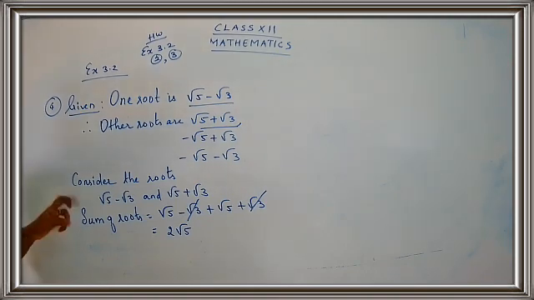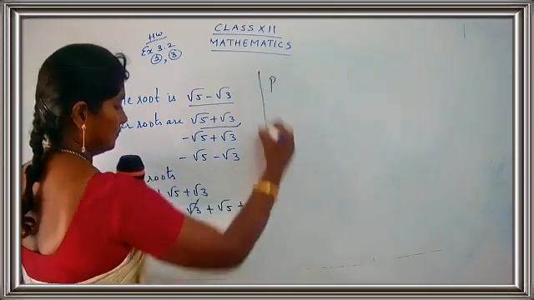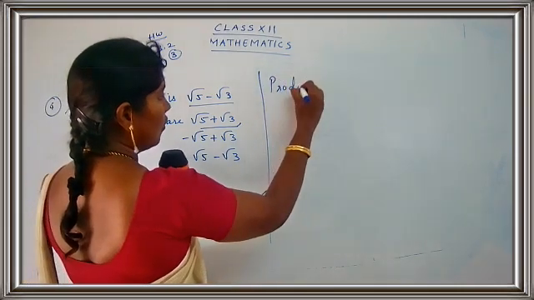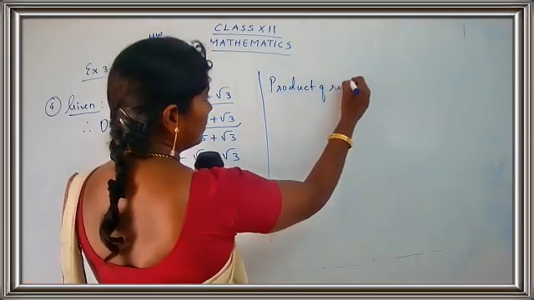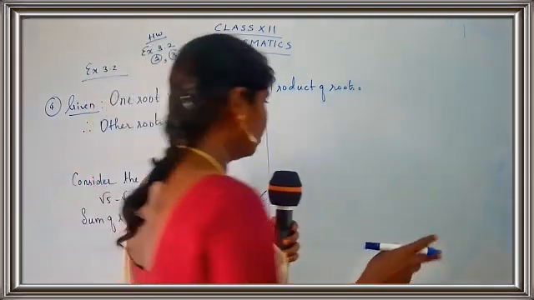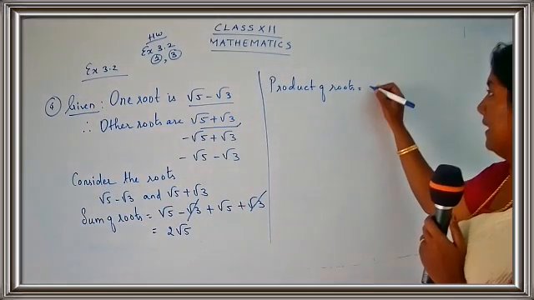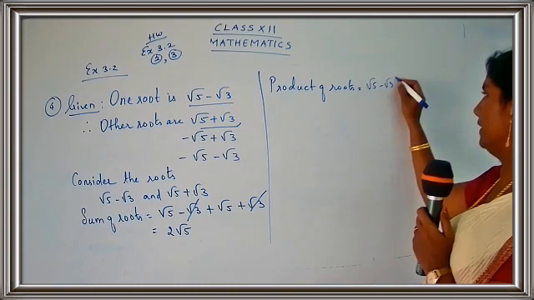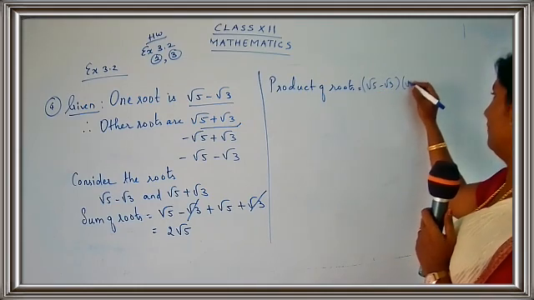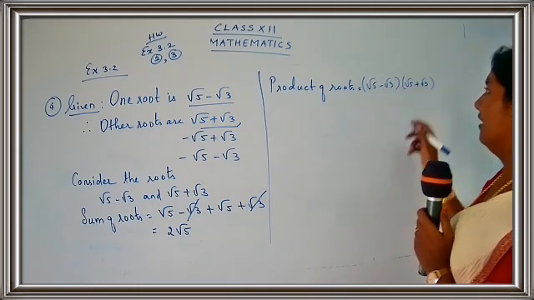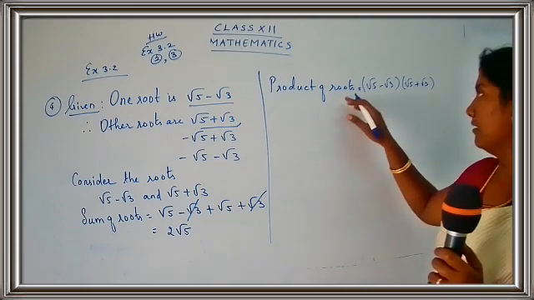Now I have to go for the product of roots. Product means you have to multiply the two roots, children. So multiply root 5 minus root 3 and root 5 plus root 3. Do not go on simplifying using brackets.